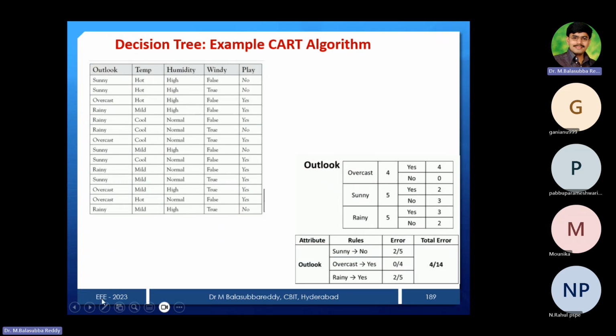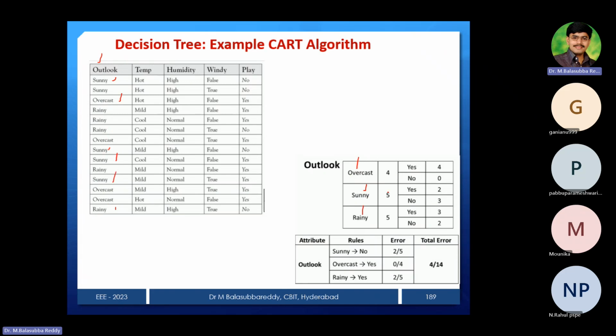First I took Outlook. In that, how many classes are there? Sunny is one class, overcast is another class, and rainy is 3. So I wrote 3. One is overcast. Any order you can write: sunny, rainy. And how many sunny? 1, 2, 3, 4, then 5.